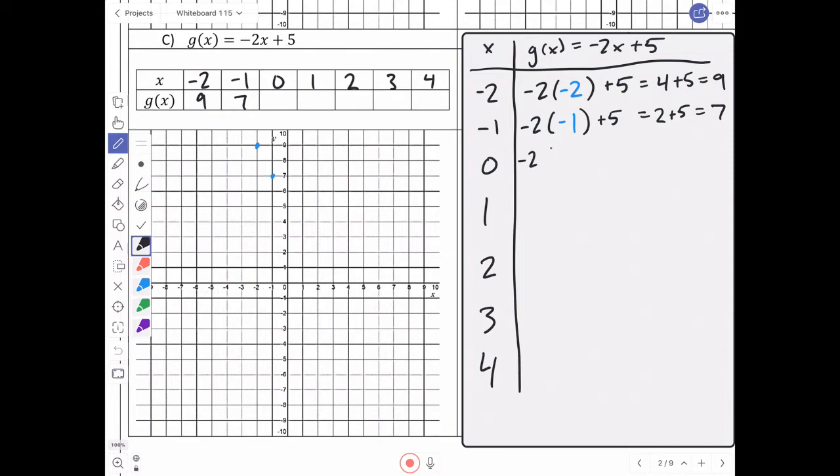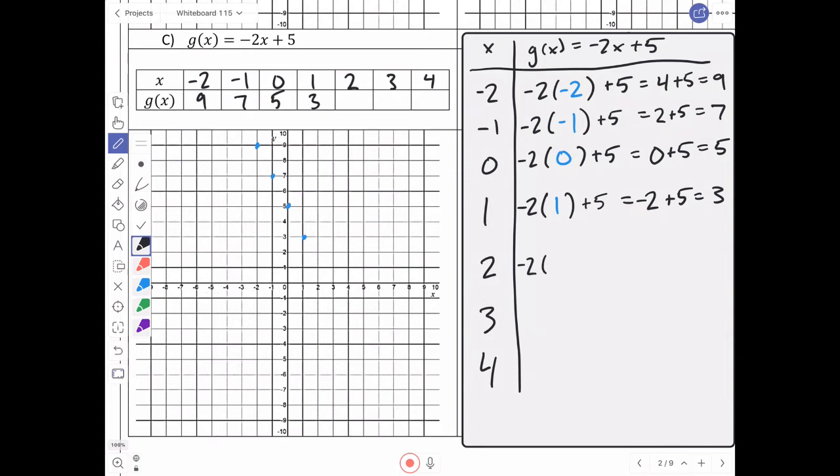And -2 times 0 plus 5 is 0 plus 5, which is 5. And -2 times 1 plus 5 equals -2 plus 5, which is 3. So I had 0, 5, and 1, 3.